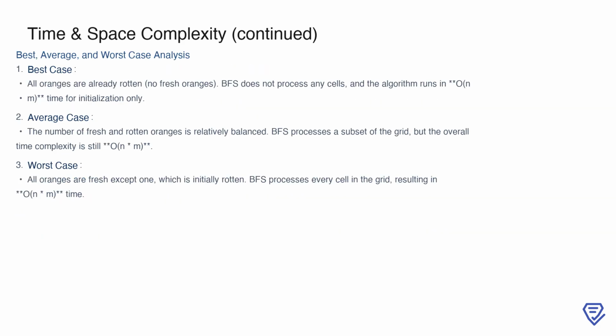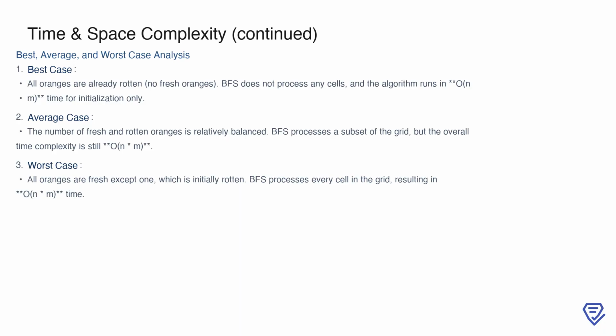The algorithm's behavior can be better understood by considering the best, average, and worst-case scenarios. In the best case, all oranges are already rotten, meaning there are no fresh oranges to process. Here, the BFS does no work beyond initialization, and the time complexity is O(n*m), due to the grid traversal during initialization.